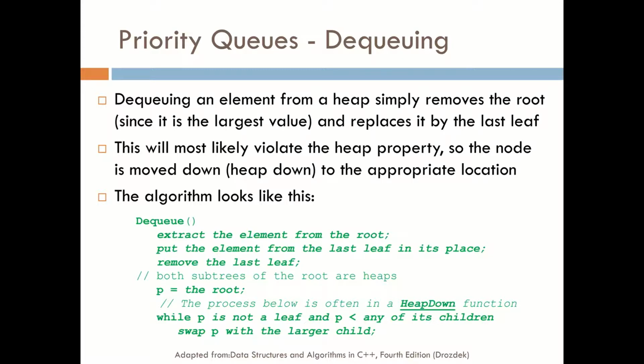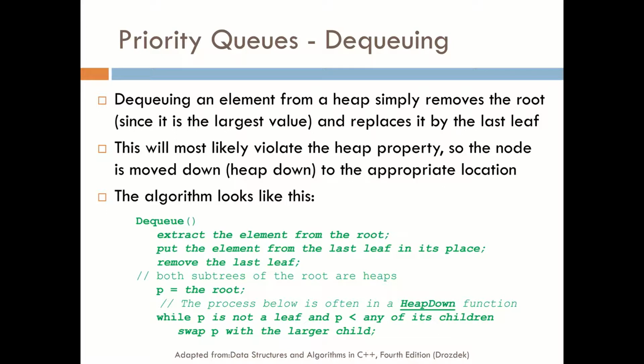Okay, so there is the pseudocode. We're going to extract the element from the root, that means remove it. We're going to put the element that's in the last leaf into the root. We're going to remove the last leaf, because we don't want two copies of this in the tree. Then we set P equal to the root and begin a process called heap down.